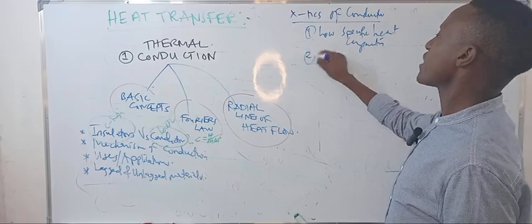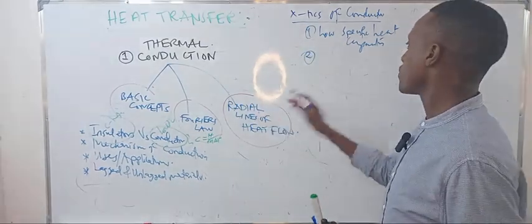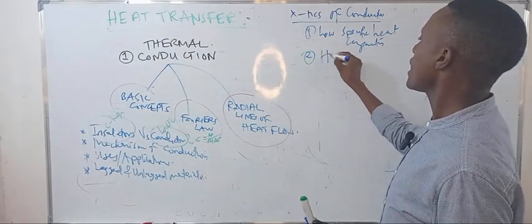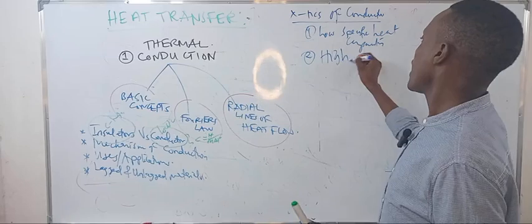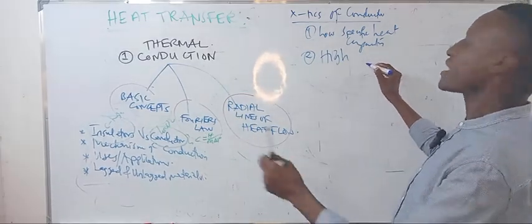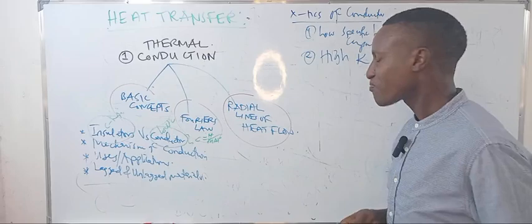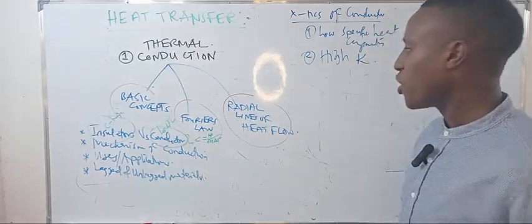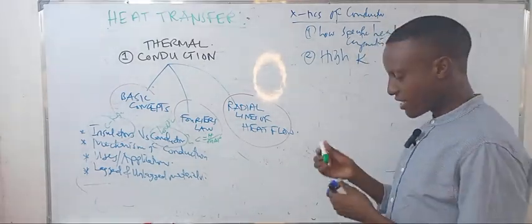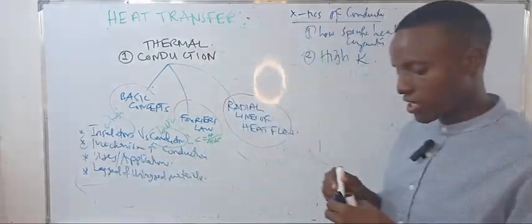And the second thing, the thermal coefficient of conductivity, K, should be high. We learn this in Fourier's law. Worry not. Moving on, let's go to the second concept, which is the mechanism for conduction.